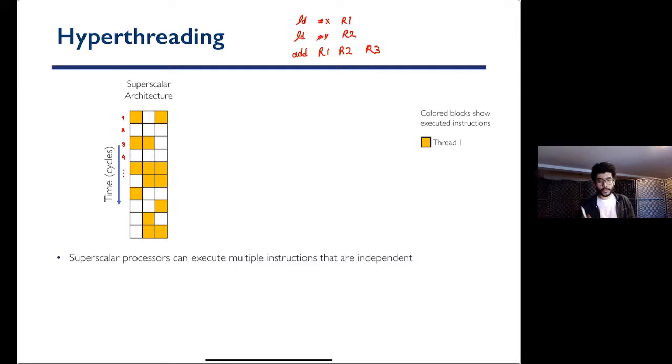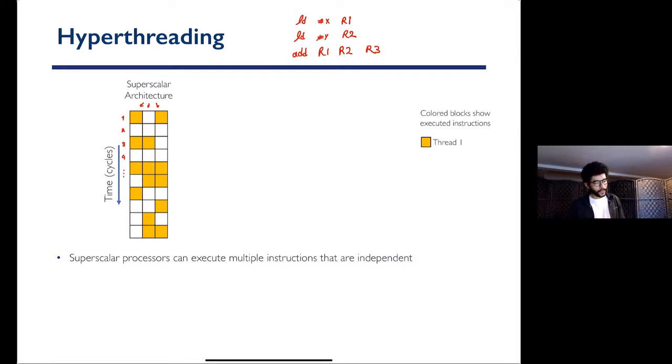Now, each column is a lane. Basically, in this example, I can do 3 instructions every cycle, so my processor has 3 processing units in it. If you remember the picture I had of the ALU, you could imagine that you have 3 ALUs. So you could potentially do 3 adds, let's say: add 1, add 2, and add 3 in the same cycle. So this is the Superscalar architecture.